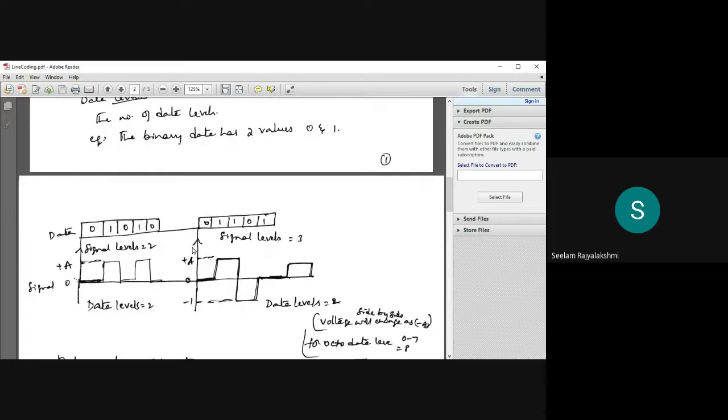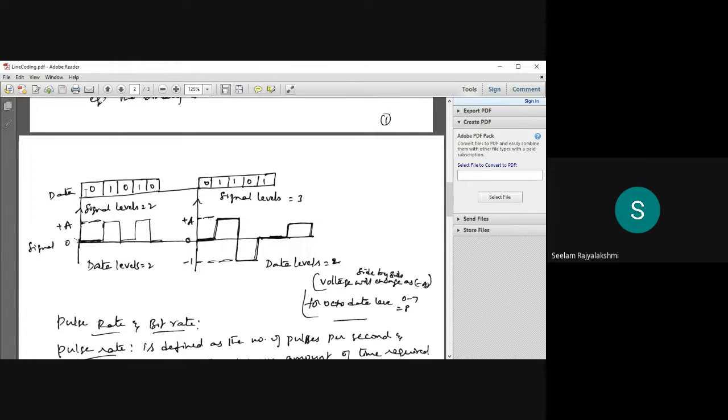Let us see the example here. If the data is binary, 0 1 0 1 0, and another data is 0 1 1 0 1, here we considered the binary system, so the data levels are 2, and for the other binary data also the data levels are 2. The process of converting binary data into a digital signal is nothing but line coding. At this particular point the signal is 0, and here it is positive amplitude.